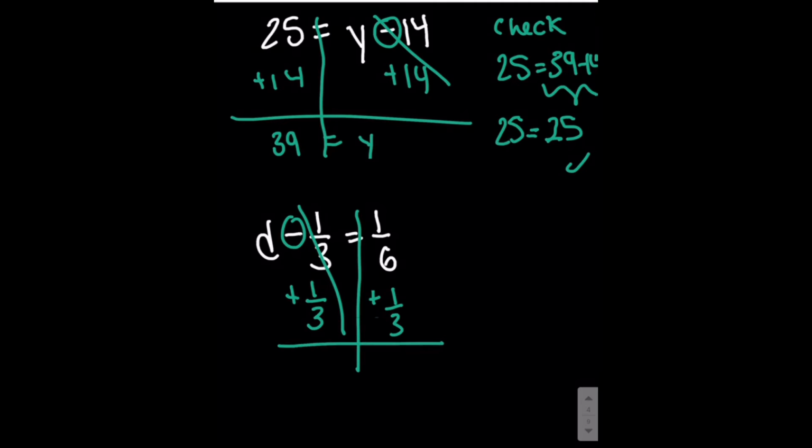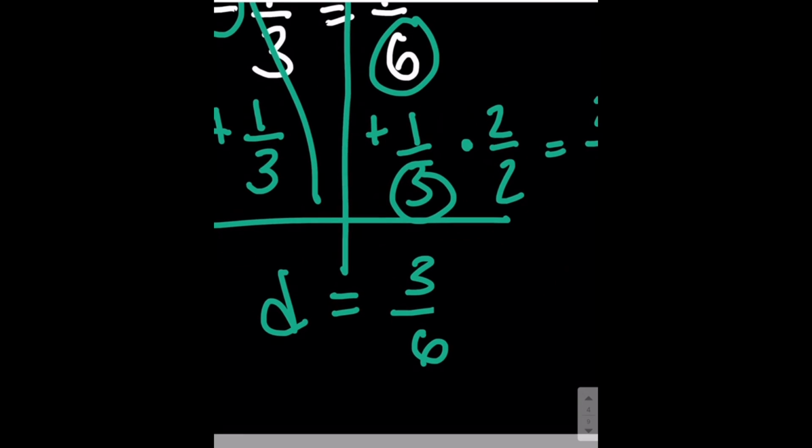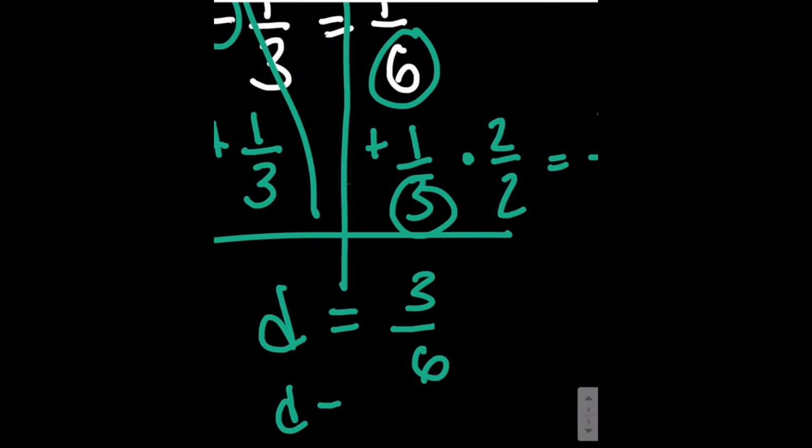If we recall from adding fractions, since they're not in a common denominator, we would first be trying to make a common denominator. You could do it off to the side, but you know that for the third, you just have to times this by 2/2, and you would be getting 2/6. Now we would just be adding 1/6 to 2/6, and that is 3/6 equals d. However, it is best to simplify this, so we're going to simplify this to d equals 1/2. And this is your final answer over here.